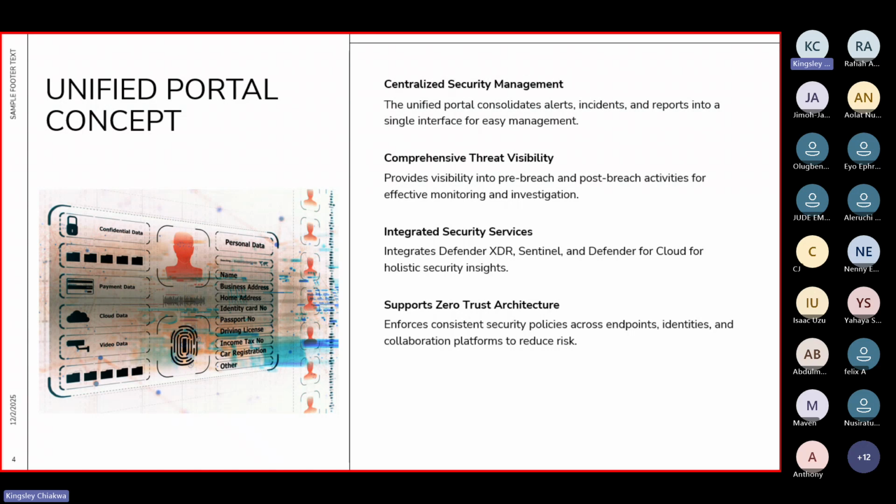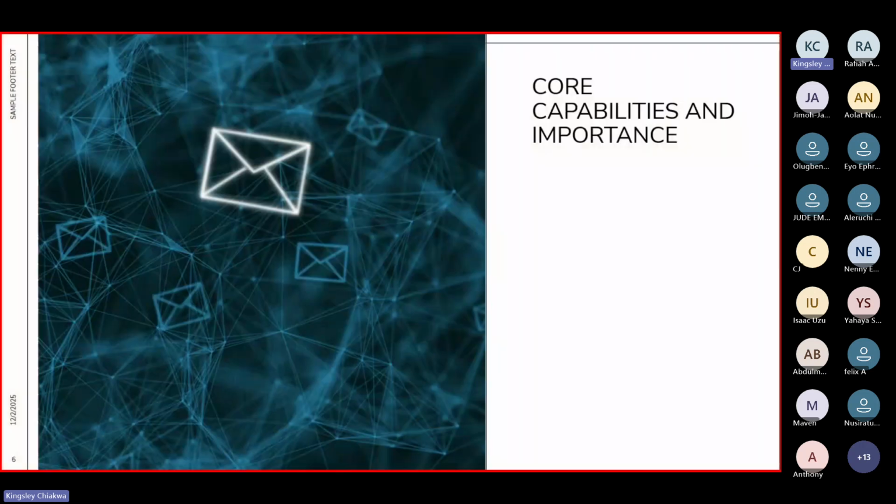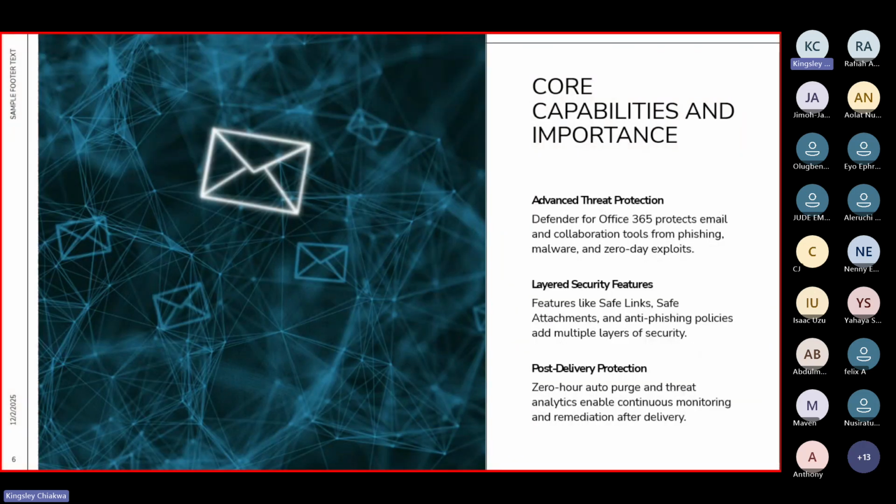I wouldn't want to go deep into detail, but just know that zero trust is a term in cyber security in general, and something that every organization should implement. With that policy, Microsoft already has it implemented in their platform. So, Defender for Office 365.